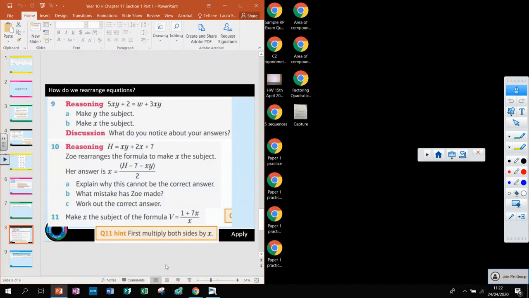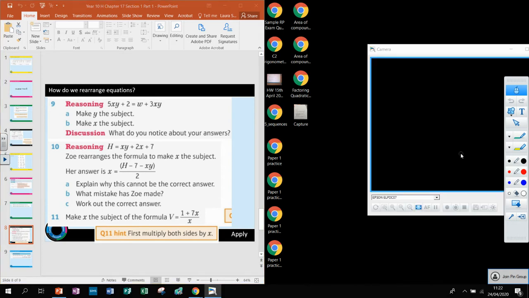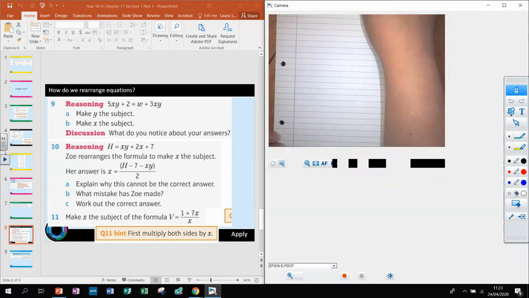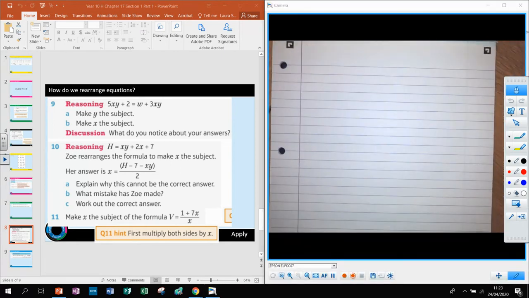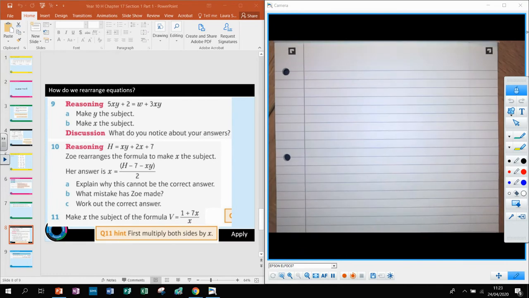Okay, guys, well done. Let's just pull up our visualizer again. Just a moment. Split screen that for you. Okay, so let's go through those together.